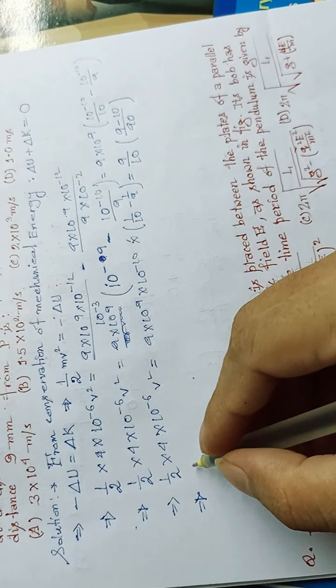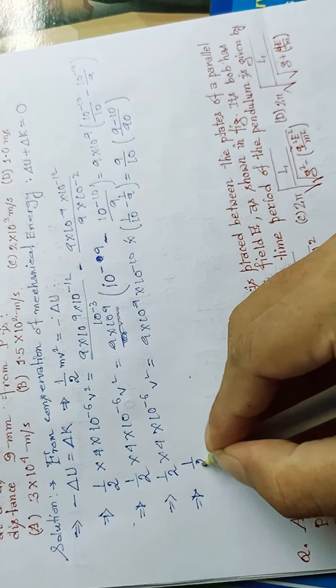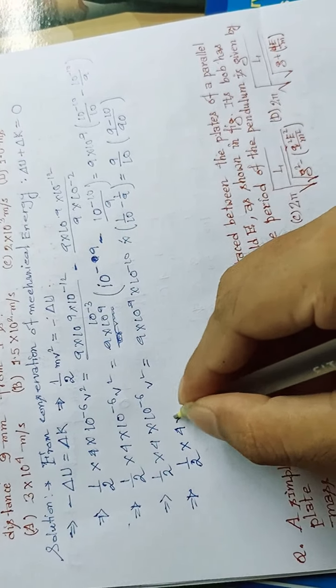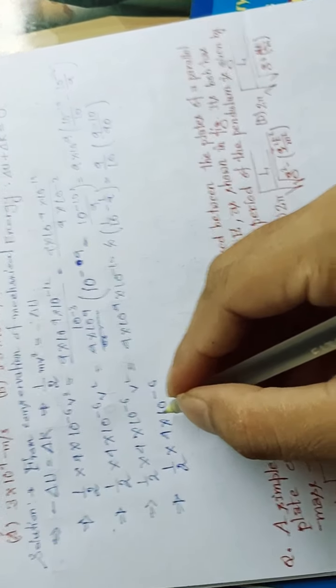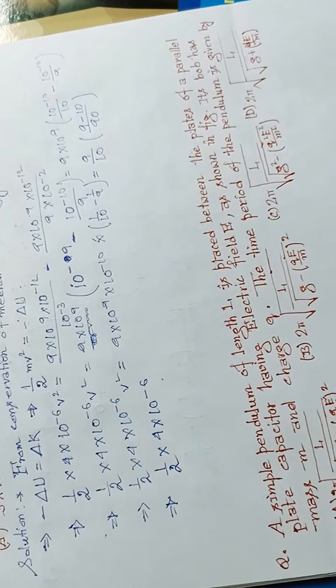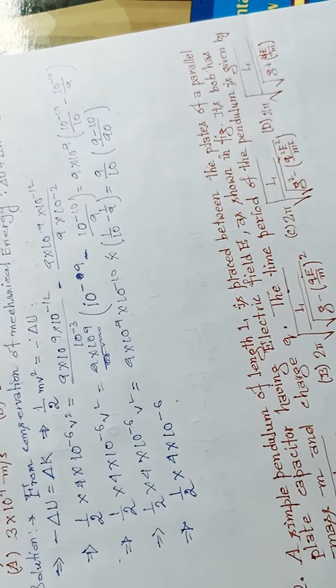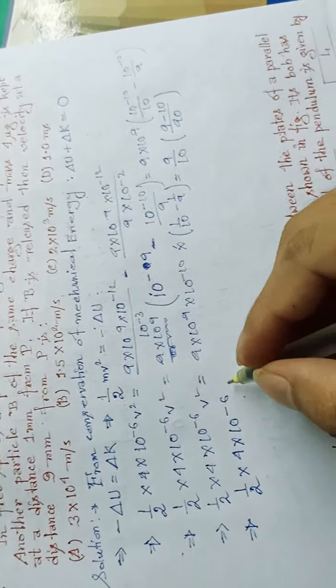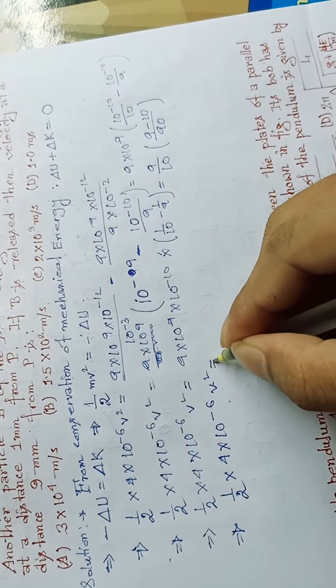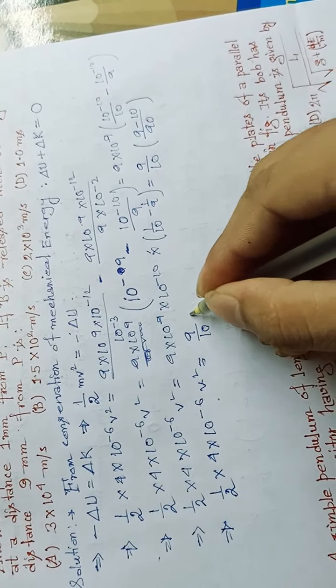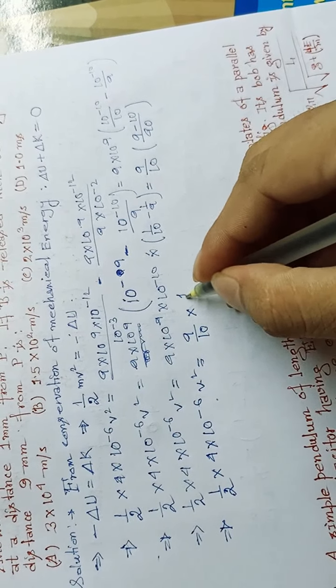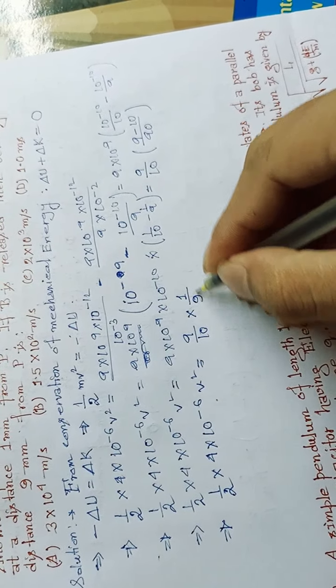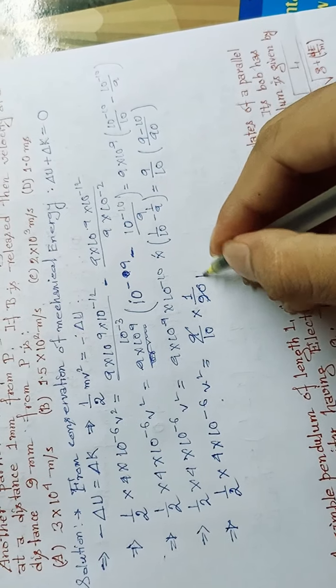After calculating, we find half into 4 into 10 to the power minus 6 into v squared will be equal to 9 into 10 to the power 9 divided by 10 into 1 divided by 90.